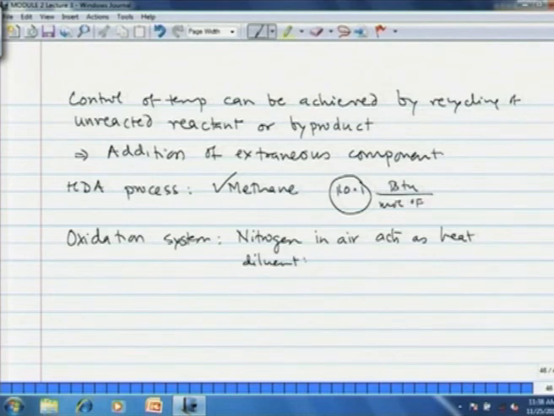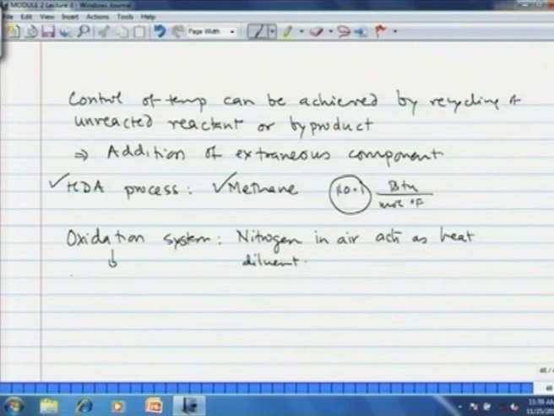Now, in order to reduce the cost of compressor, one of the process alternatives that is used in the HDA process is purification of the recycled gas, that is taking out hydrogen and throwing off methane, or in some cases, in case of oxidation system, enriched air is used, where the oxygen content of air is raised from 20%, which is normal, to 40-50%.